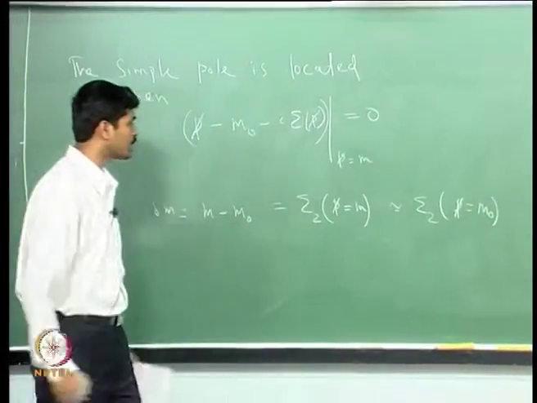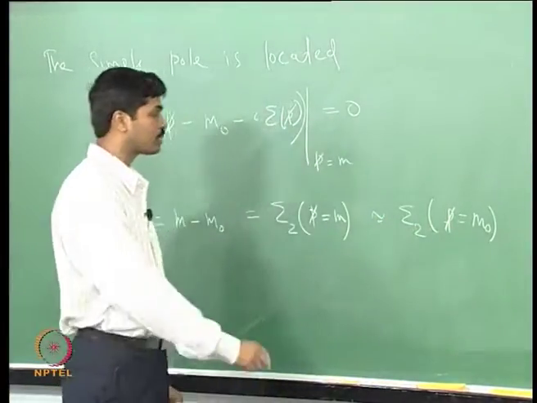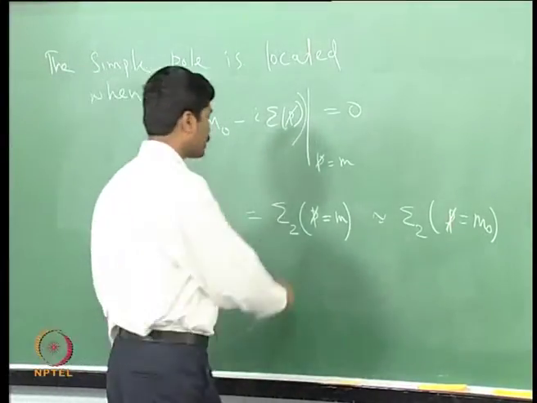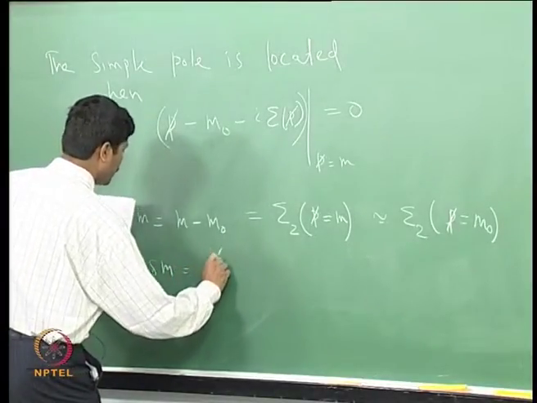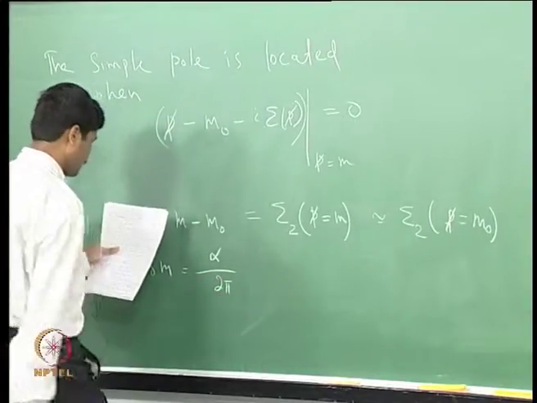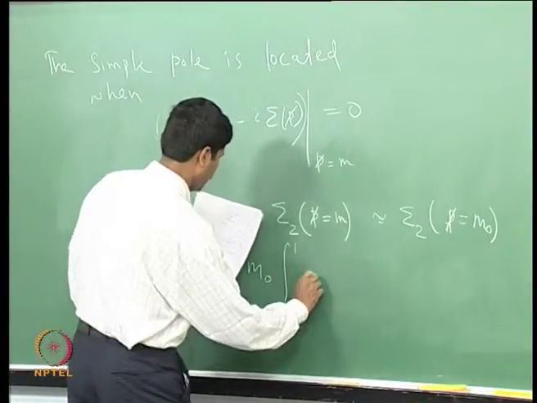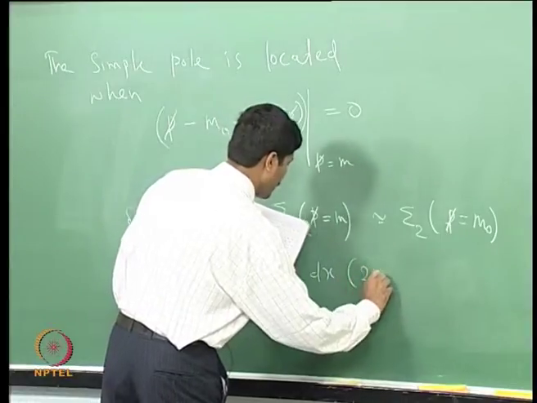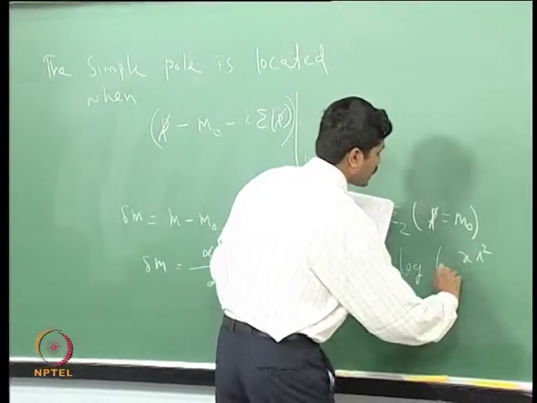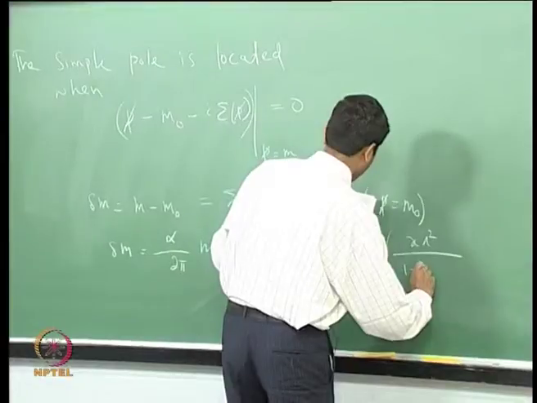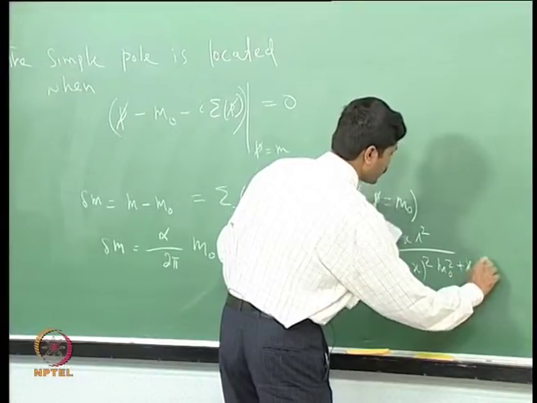So we have already evaluated sigma 2, and if we simply substitute p slash equals m 0 or p square equals m 0 square, then what we will get is basically delta m equals alpha divided by 2 pi m 0, integration from 0 to 1 dx (2 minus x) log of x lambda square divided by ((1 minus x) whole square m 0 square plus x mu square).